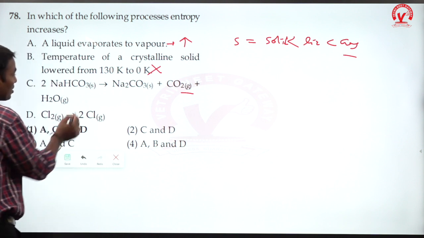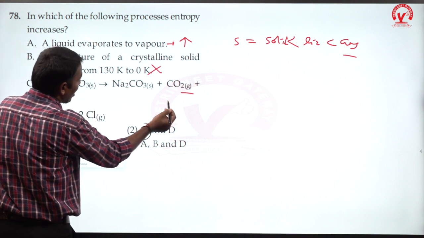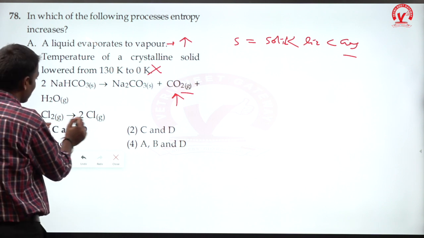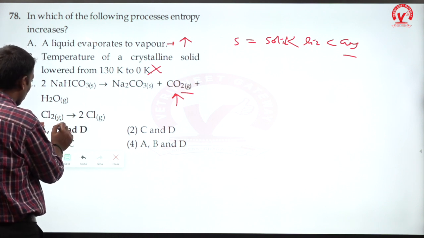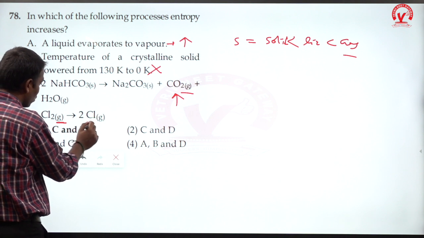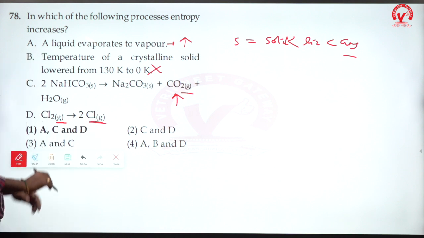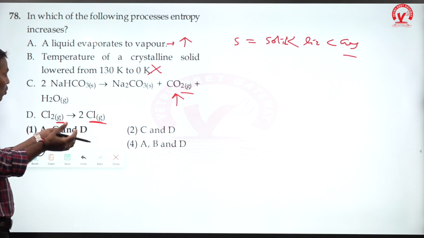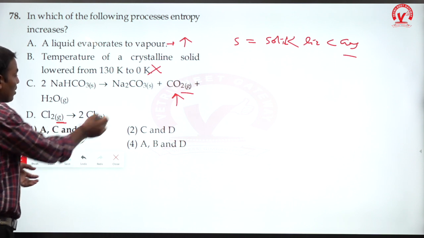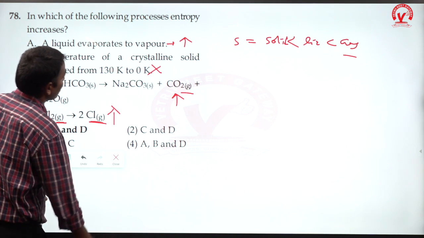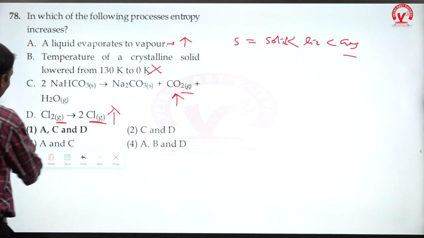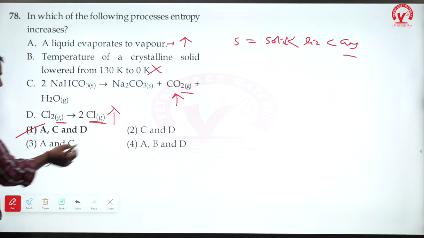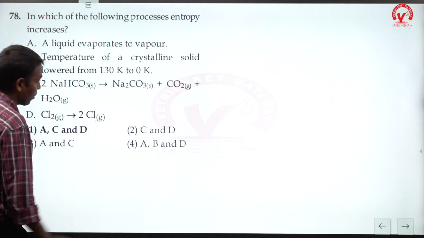Solid changing to gas means entropy increases. And chlorine molecules change to chlorine atoms; atoms have more randomness, so entropy increases here also. Then we can take AC as the correct answer, according to our question. Then move on to the next question.